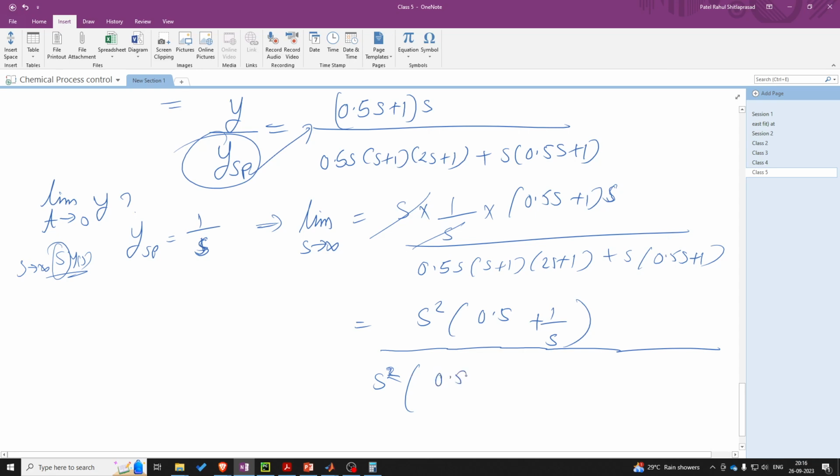So it will become 0.5s plus 1 by s upon (2s plus 1) plus s, simply getting common, (0.5 plus 1 upon s).